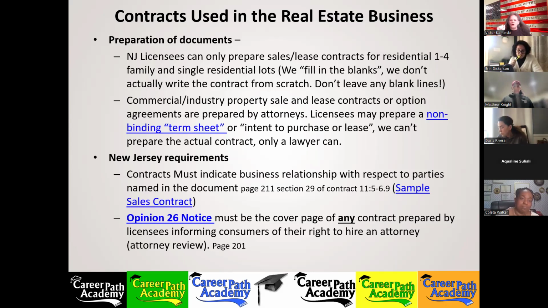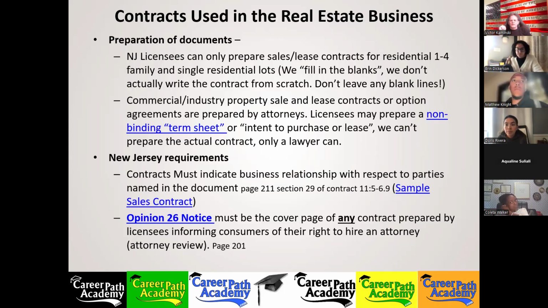That'd be practicing law without a license. Instead, we don't prepare commercial, industrial contracts for sale or lease or option agreements. They need to be prepared by attorneys, but we could kick off the project and get the ball rolling by having them sign a term sheet, a non-legally binding term sheet, or an intent to purchase or lease.